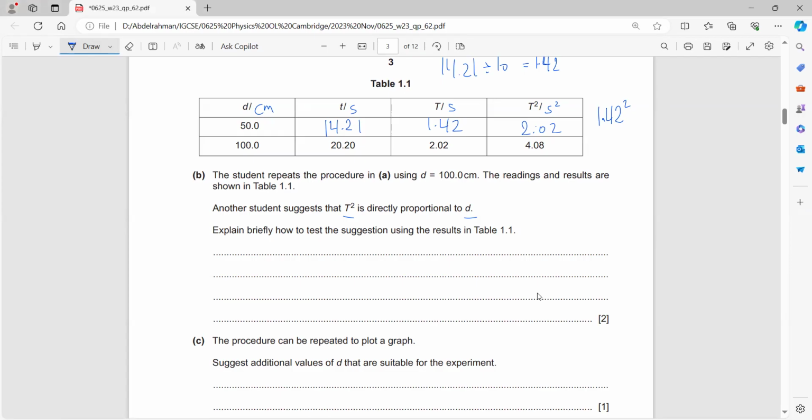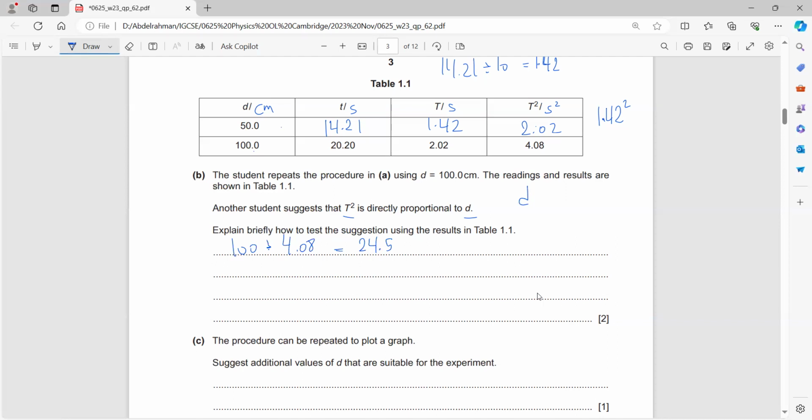How should I know? If it's directly proportional, then the ratio will be equal. The ratio is d over t squared. For example, 100 divided by 4.08 is 24.5.